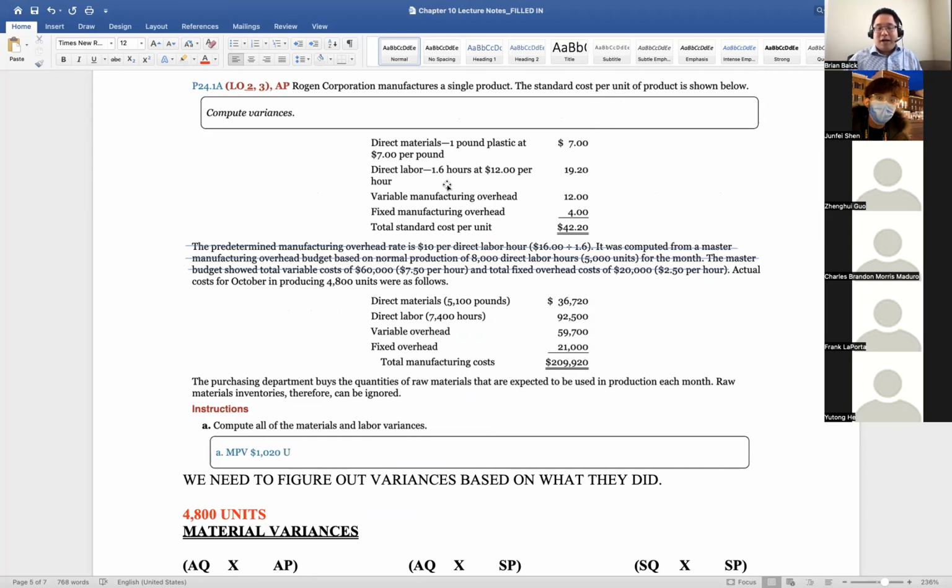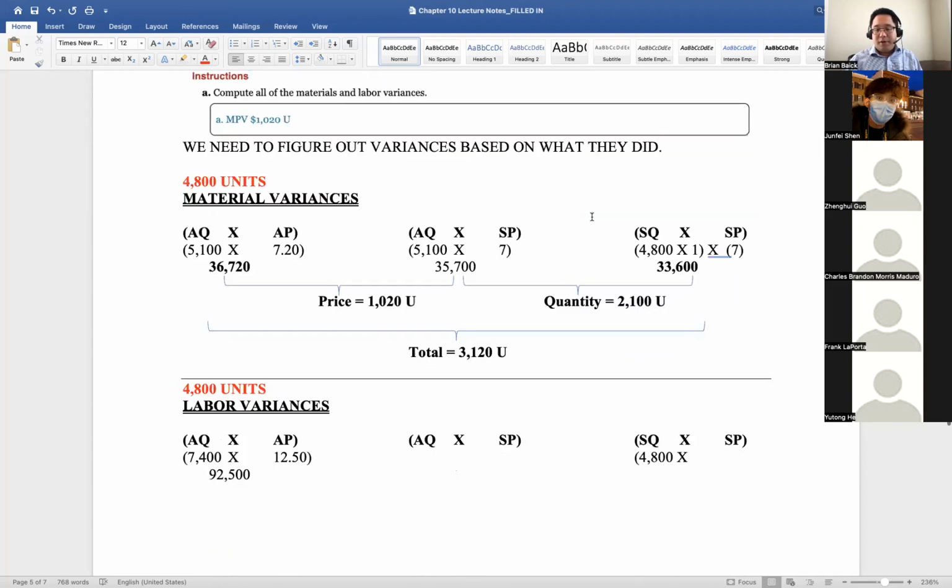And what's the standard price? How much are you supposed to pay people per hour? It says here 12, right? So standard quantity, 1.6, and then 12 per hour. Right?